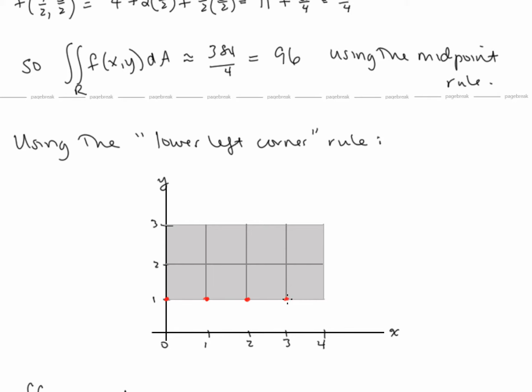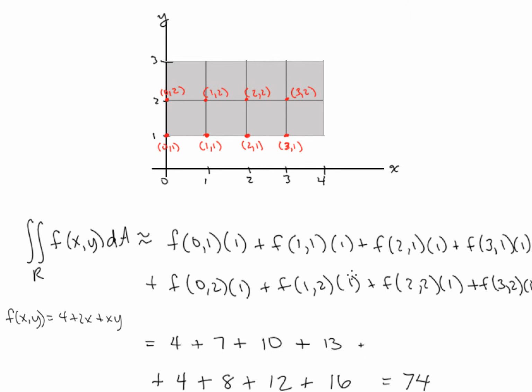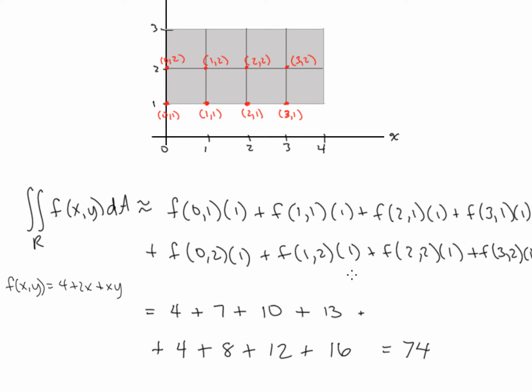So for example, we're at the point (0, 1) here, (1, 1) here, (2, 1), (3, 1), (0, 2), (1, 2), (2, 2), and (3, 2). And that approximation gives us 74.